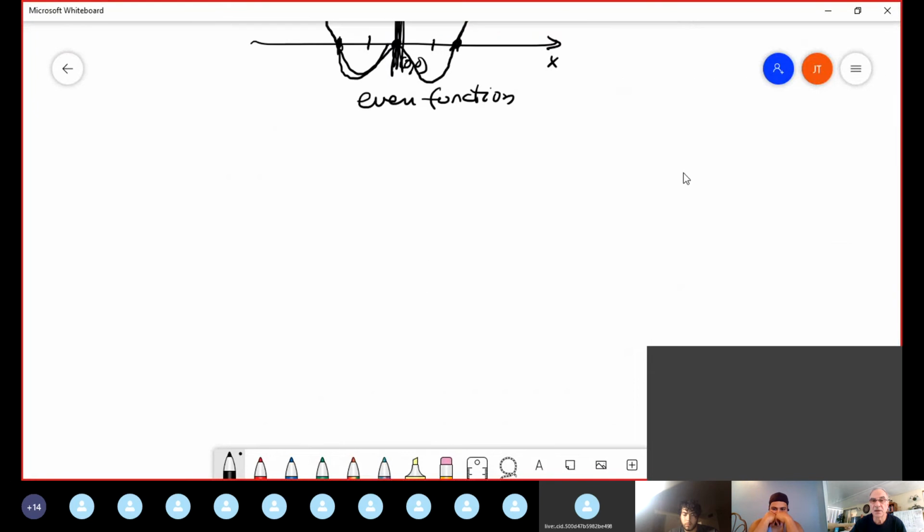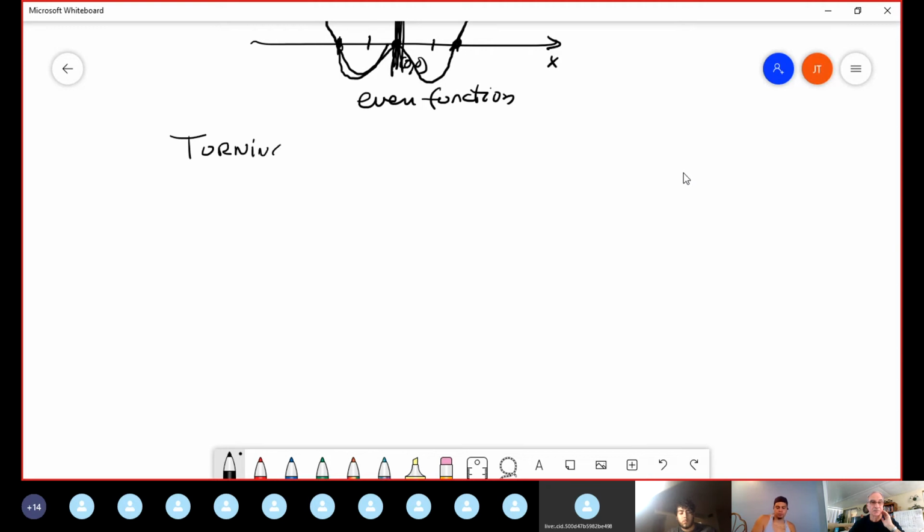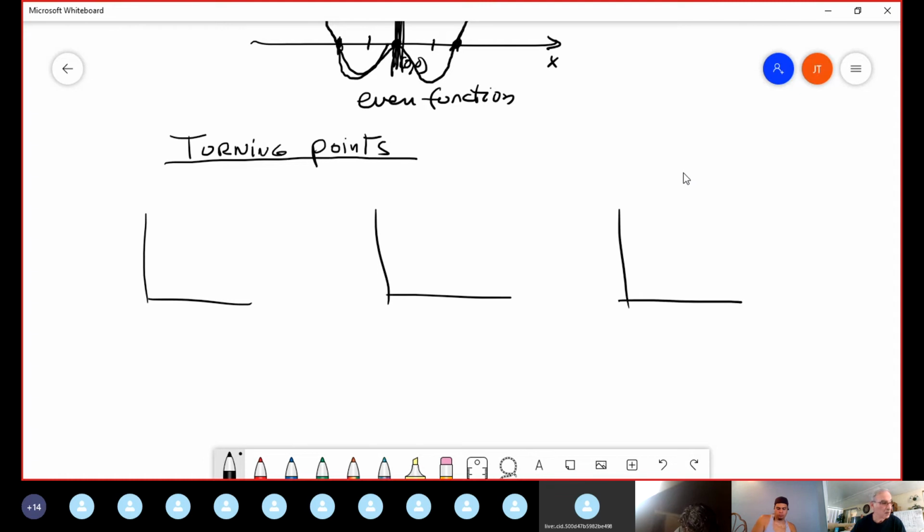Okay. Let me explain turning point. This is another important idea. Normally, the polynomial graph looks like that, with turning points. Suppose 3 different cases. Suppose degree 2. Degree 2 is x to the 2nd power, no?